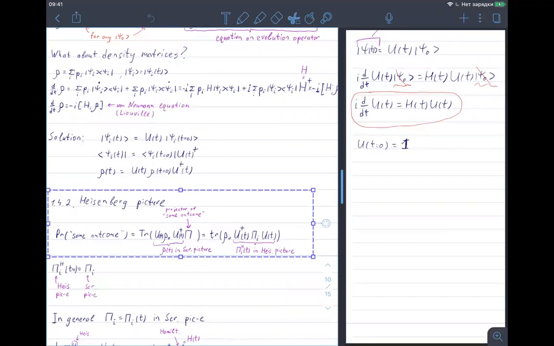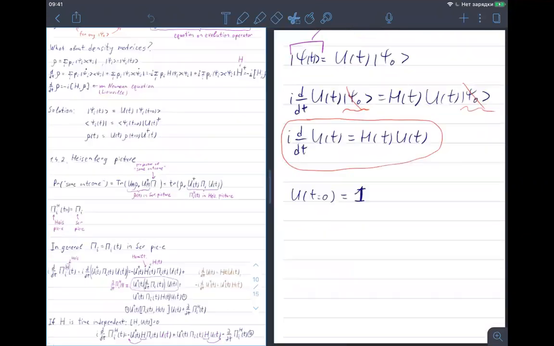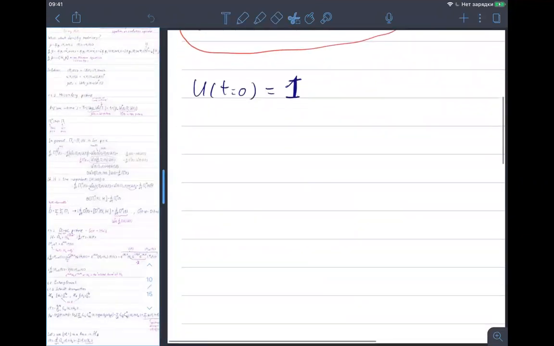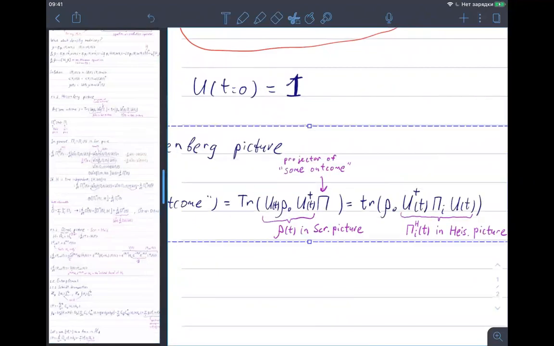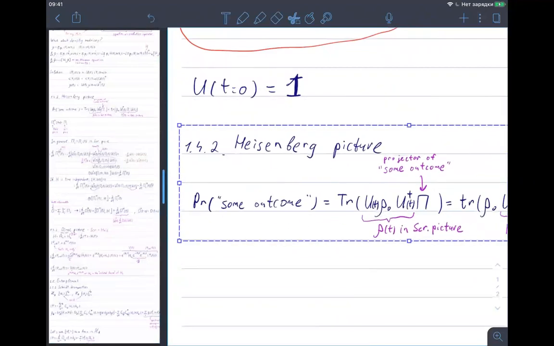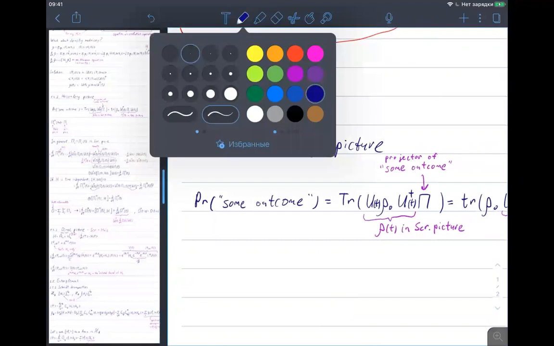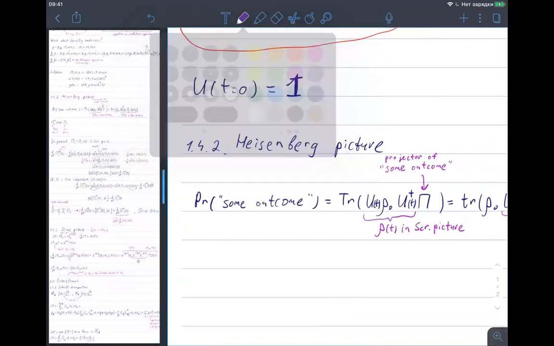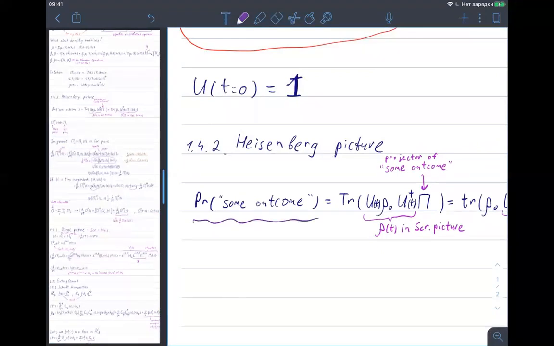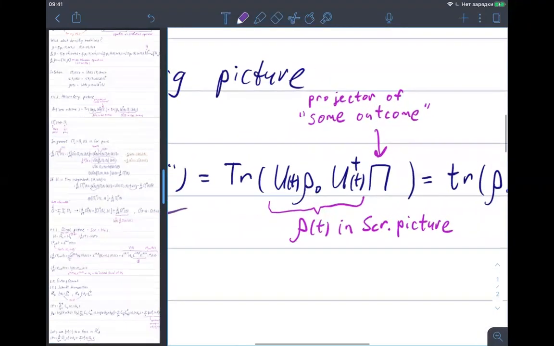I think most of you already know what it is, but nevertheless, let us revise this story. We have our Schrödinger picture, and we can think about the probability to obtain some measurement outcome for some state at some time. This probability is given by this expression.